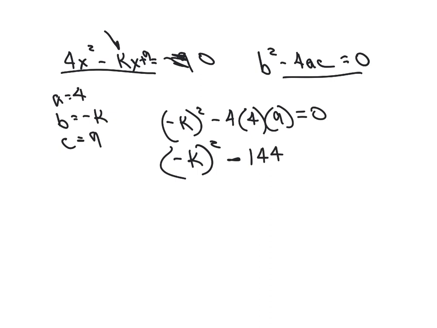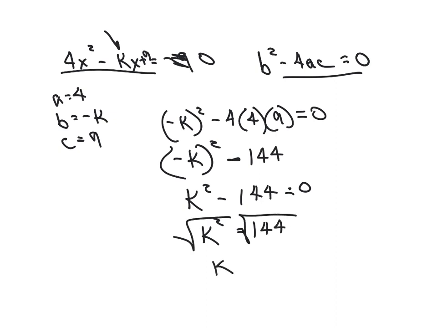All right, so negative k quantity squared is the same as k squared, minus 144. If we set that equal to 0, then k squared equals 144. Take the square root of both sides, and k equals plus or minus 12.